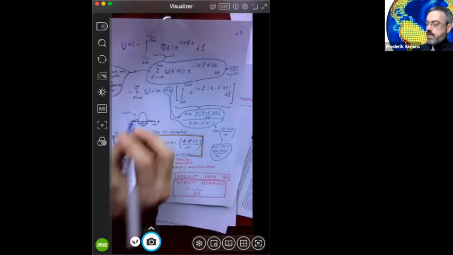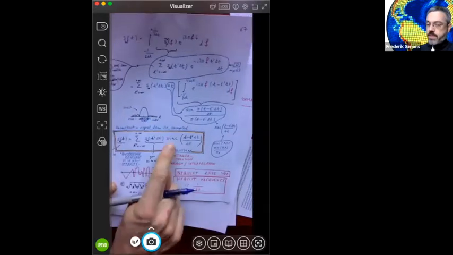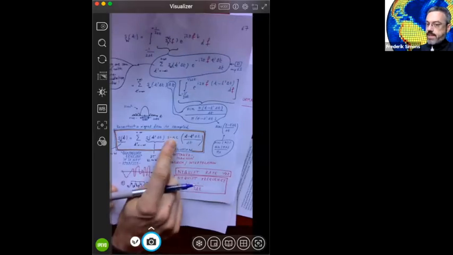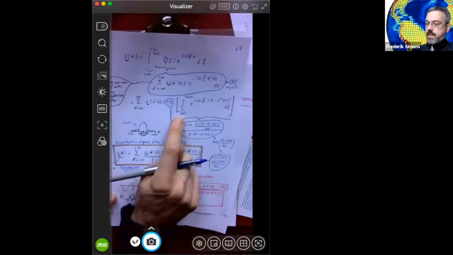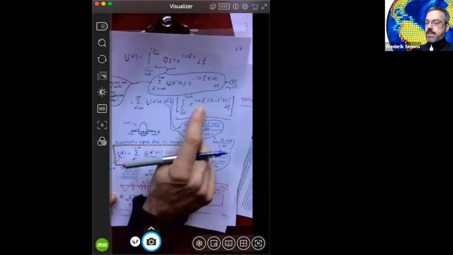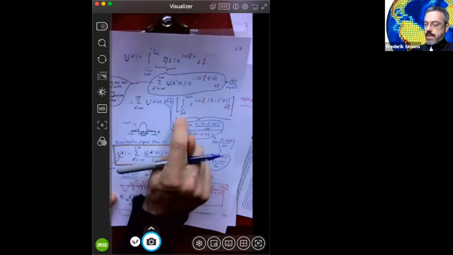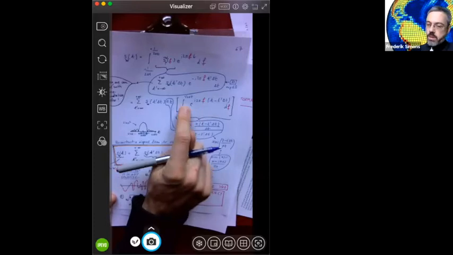I want to make you see, even though this page is getting very busy, that the sinc was what I got when I integrate between two limits that are not infinity, a complex exponential. That's another way of saying that the thing in the square brackets is the Fourier transform of the function 1, but only between those two limits.